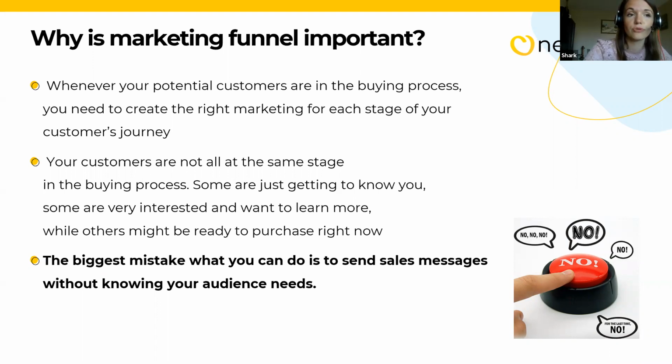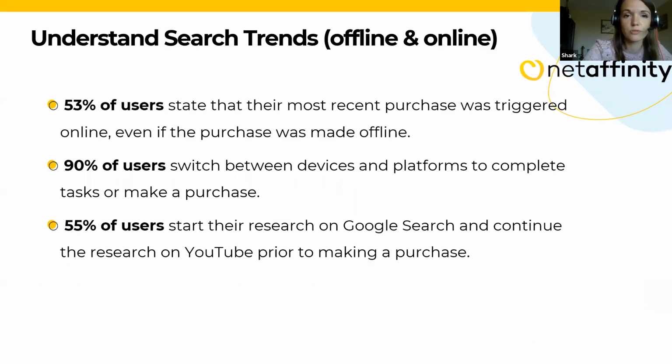So I would like to share a few stats with you today before we start to discuss our marketing funnel. First of all, you need to put yourself into the shoes of your customers and understand how people are making their purchasing decisions.